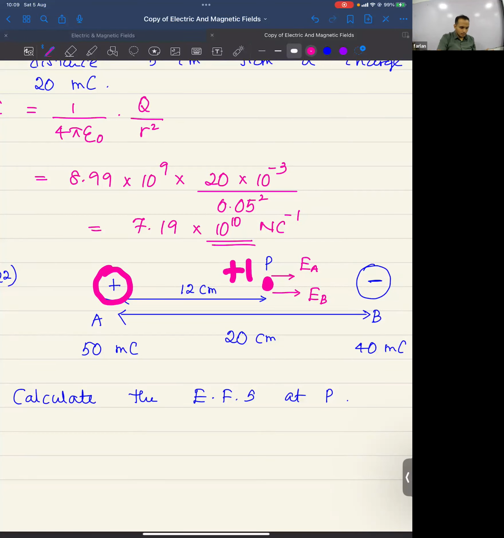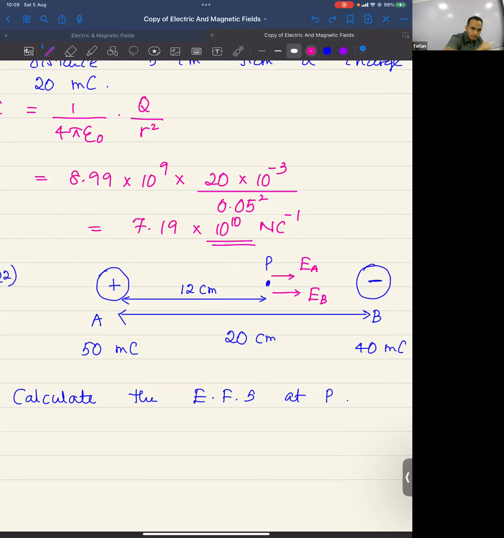Similarly, due to this negative charge at B, there will be an attractive force. It's based on the simple theory: like charges will repel, unlike charges will attract. So due to the negative charge at B, the +1 coulomb kept at P will experience a force to the right. Which means both EA and EB are to the right.